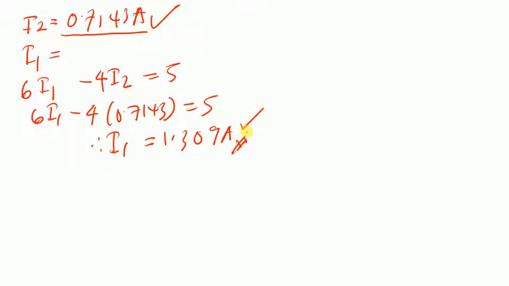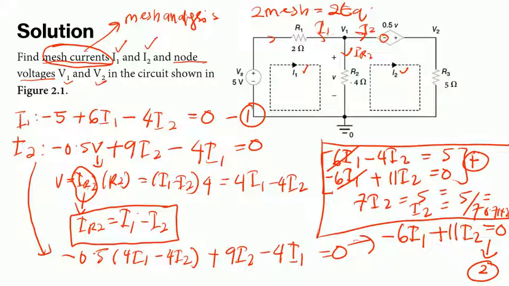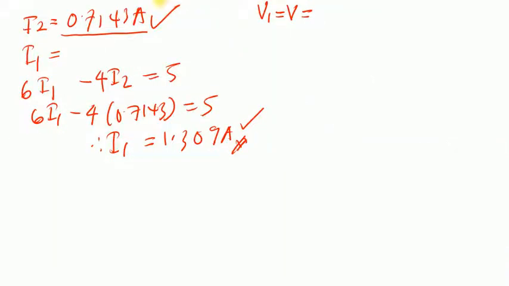Now you can find the values for V1 and V2. V1 is equal to V, which, from the earlier part, is I1 minus I2 times R2, which is 4.